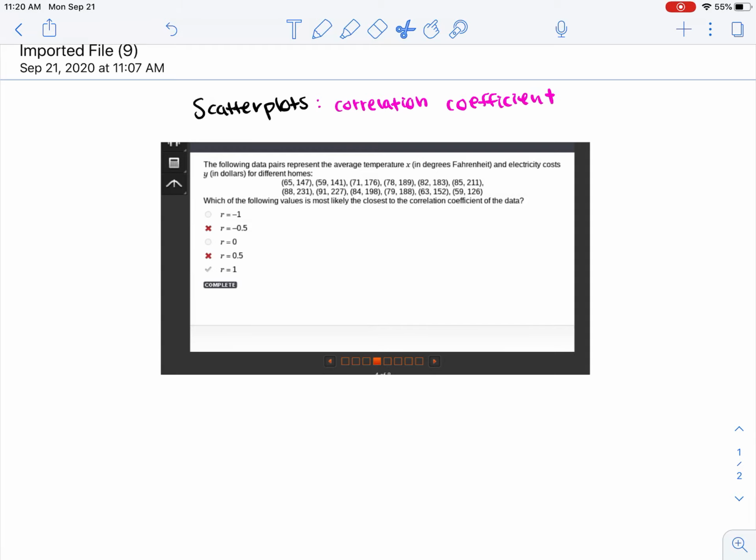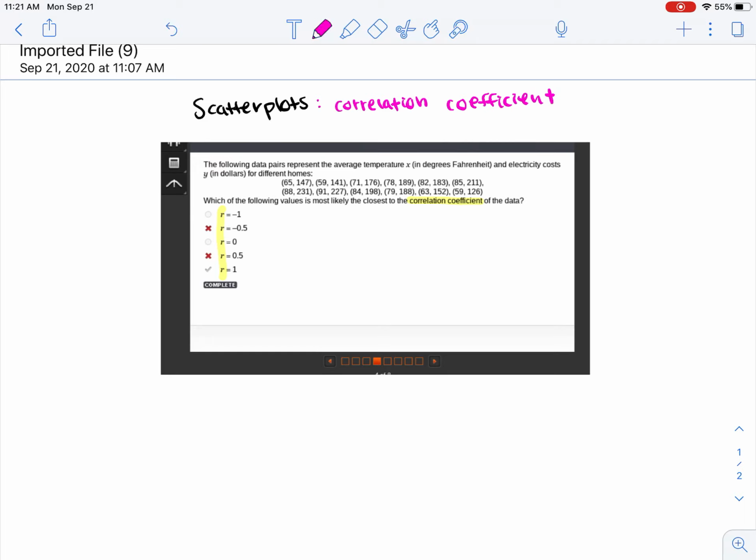So first, I would like you to know that this R represents correlation coefficient. So if you're wondering why is there an R there, that's the variable for correlation coefficient. You'll notice that they're giving us numbers -1, -0.5, 0, 0.5, and 1.